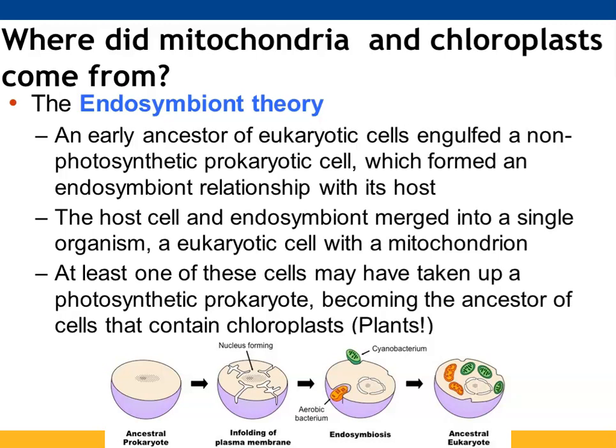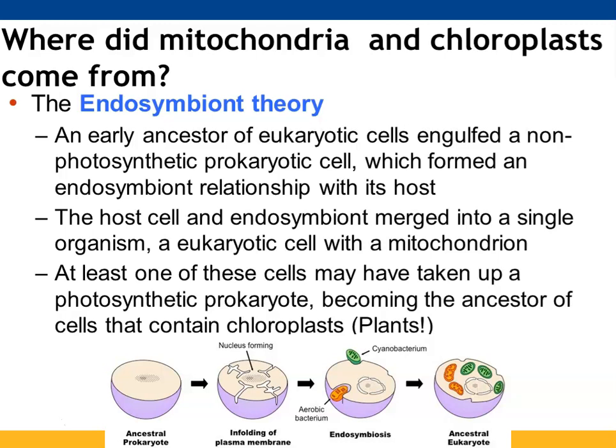It's thought that early ancestors of eukaryotic cells, to produce a mitochondrion, engulfed a non-photosynthetic prokaryotic cell, and rather than breaking it down, it formed a relationship with it, and it allowed that particular cell to reside within it. And as that cell duplicated itself, it became a eukaryotic cell with that organelle, the mitochondrion.